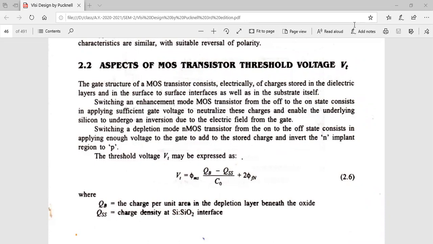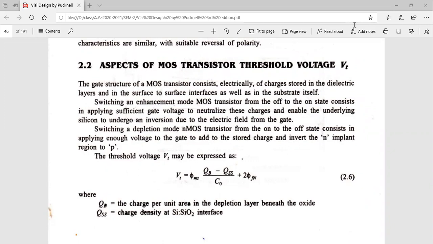Now, switching a depletion mode NMOS transistor. Previously it was an enhancement mode. If you want to switch on an enhancement mode transistor, that means previously it is in the off state, and now to change it to the on state, we have to neutralize the charges underlying the silicon due to the inversion.